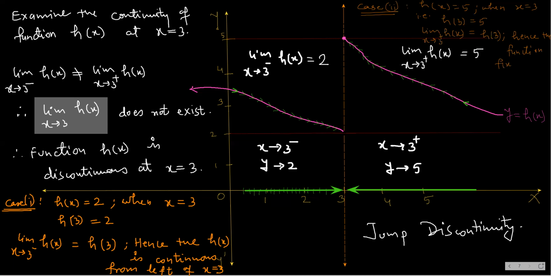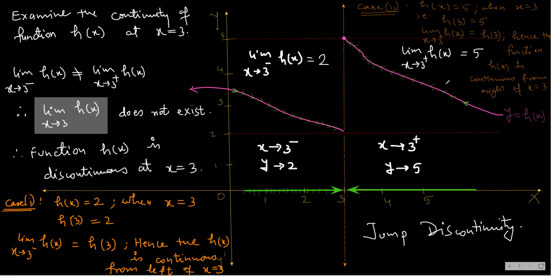I'm sorry, we have a habit of writing f of x. So hence the function h of x is continuous from right of x equals to 3.